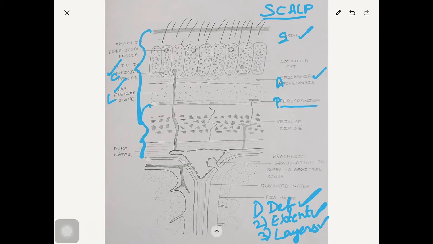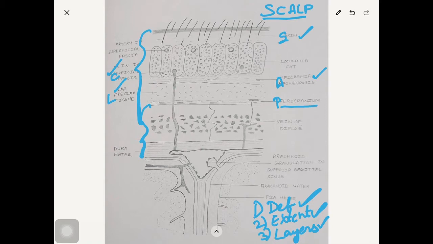We will see the features of each layer along with the clinical anatomy of each layer. This scalp is not only an important theory question, it is also an important clinically oriented topic. So we will cover each layer and its importance. First, the skin.